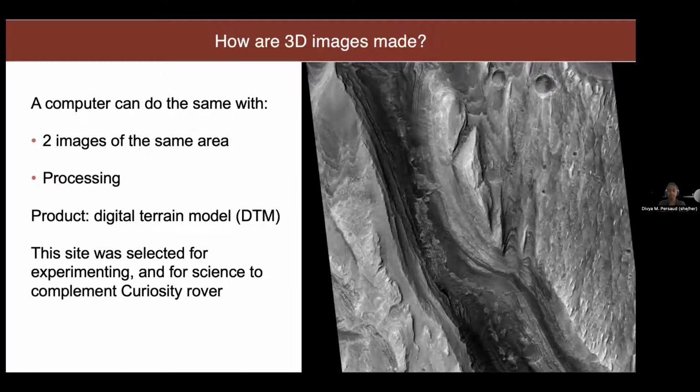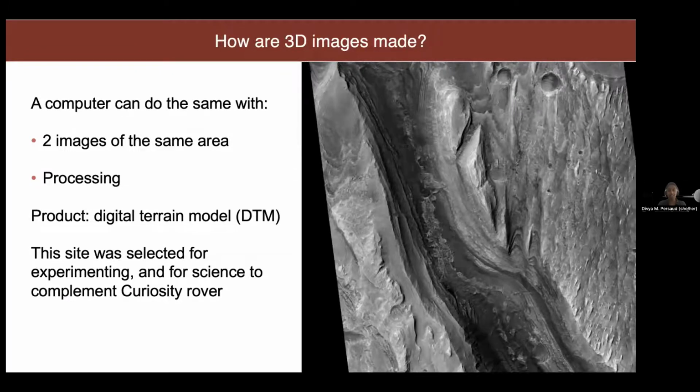And we can give all that information to the brain, which is our processing algorithm. And it can take all of that information and calculate a solution. And the solution is a 3D image, which you can think of as just an image, but the brightness of the pixels tell you what the elevation is.